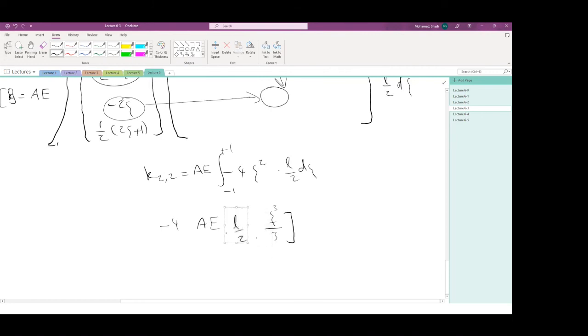So this will go between minus 1 to plus 1, and the 4 will cancel with the 2. So this is basically going to be E A over L. I mean, this should have been 2 over L, not L over 2. So this is the inverse of the Jacobian. Okay, so if you do that, you will get 1 over 3 minus 1 over 3.